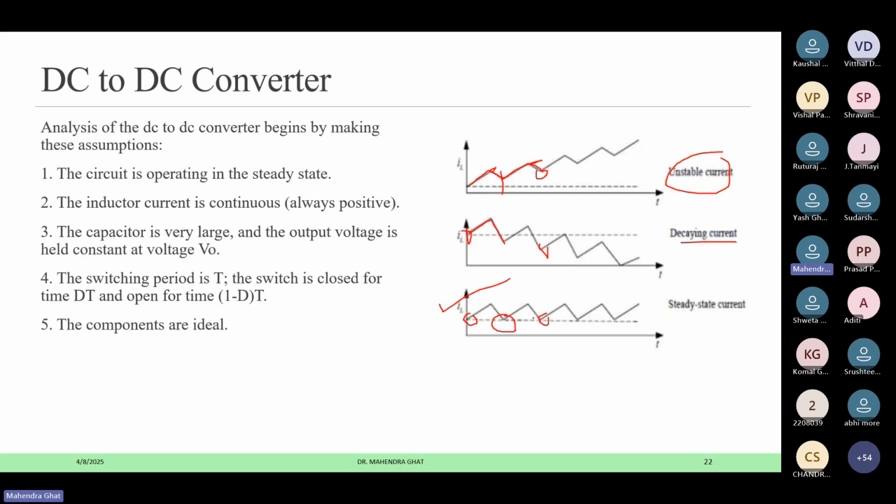This is our steady state. In transient you get these two, but in steady state you get this one. I have noted the same thing here: the circuit is operating in steady state. Finally we have to operate in steady state operation. The inductor current is continuous, always positive.